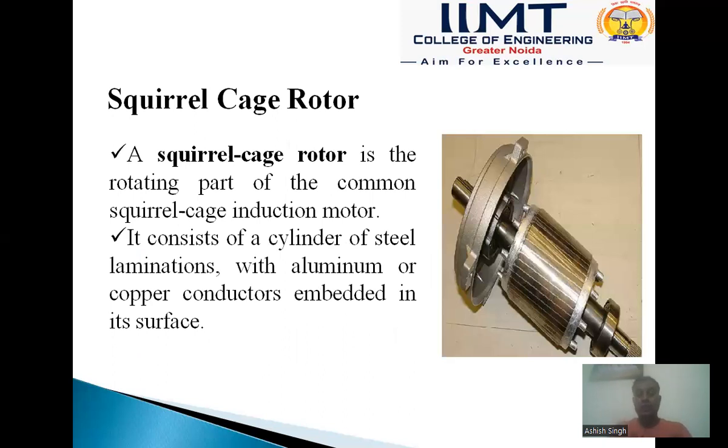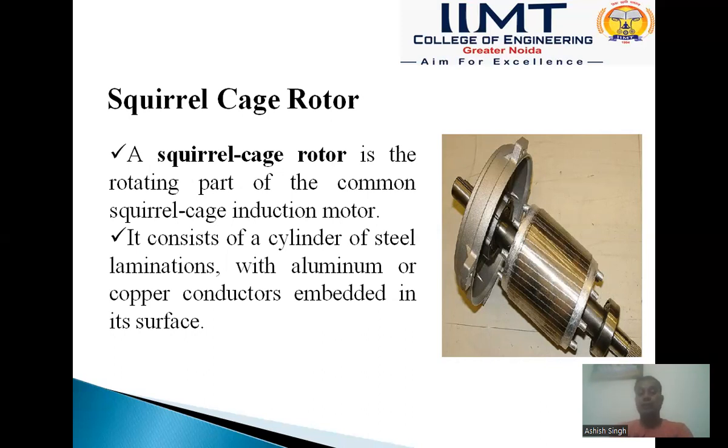So for the squirrel cage rotor, this is the constructional diagram. The figure shows the squirrel cage rotor diagram. A squirrel cage rotor is the rotating part of a common squirrel cage induction motor.